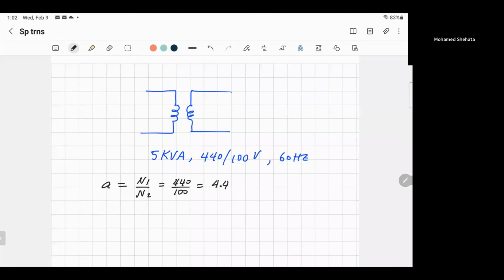Ask and you will answer. My loads on the 100 volts side.